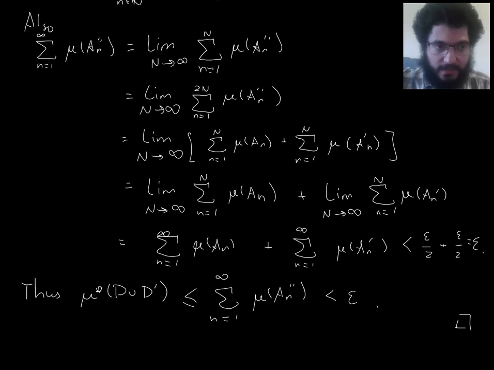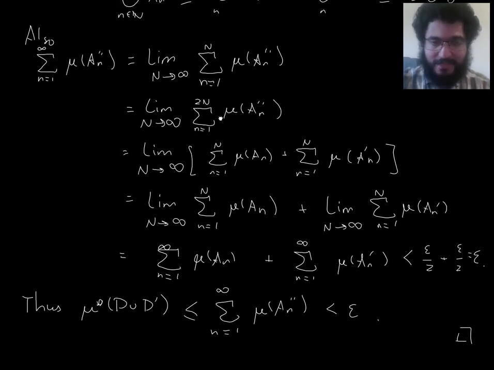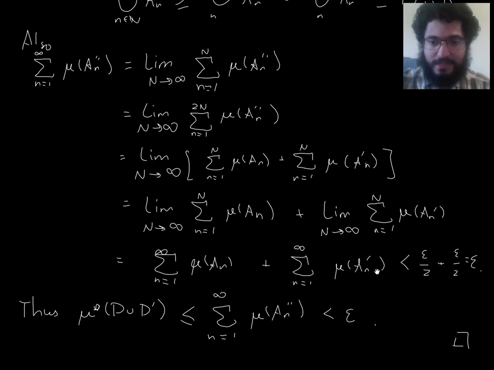Basically here, instead of focusing on epsilon over 2, instead of focusing on the fact that these series are bounded above by epsilon over 2, focus on the fact that these series are bounded above, do focus on the epsilon. So, let me put it this way.